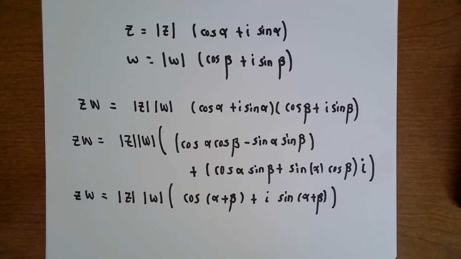The length of z times w is the length of z times the length of w, and the angle that z times w makes with the positive x-axis is the sum of the angles that the two original complex numbers made. This is new. There's no analog to this structure in ordinary vector calculus.